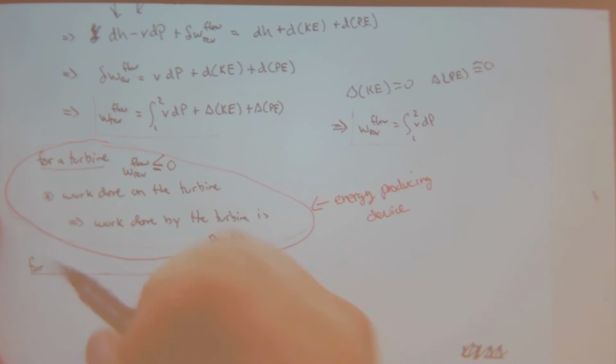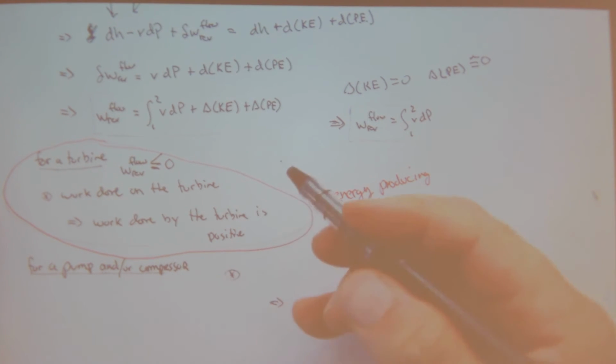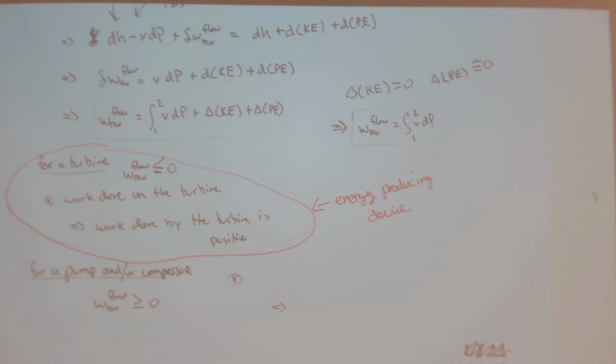Okay, for a pump and or compressor, I have my work. So turbines still have fluids flowing through them, right? Pumps and compressors also have fluids flowing through them. So my work reversible flow is greater than or equal to 0.